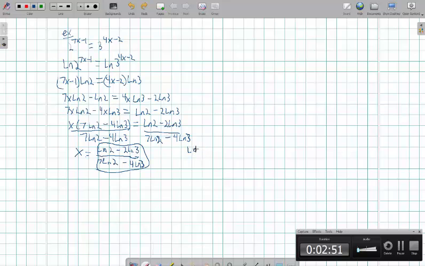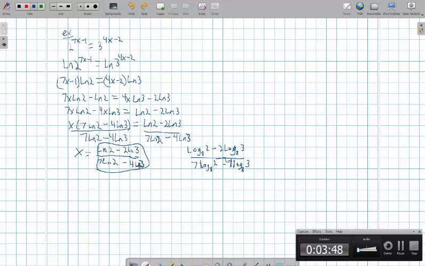So I could have had log base 8 of 2 minus 2 log base 8 of 3 over 7 log base 8 of 2 minus 4 log base 8 of 3. The exact same answer. So it doesn't really matter which logarithm you choose.